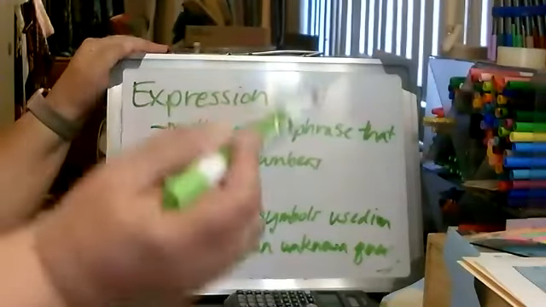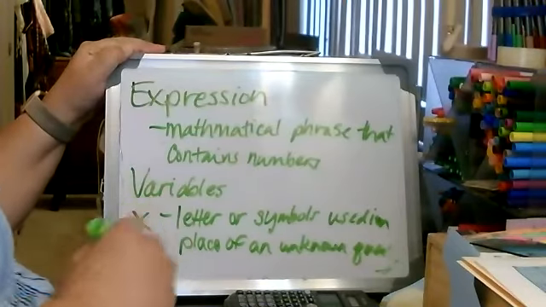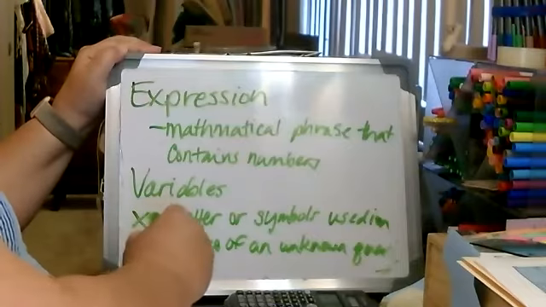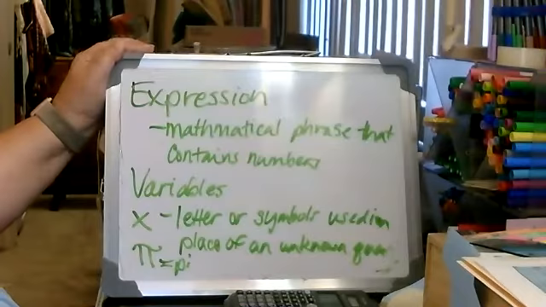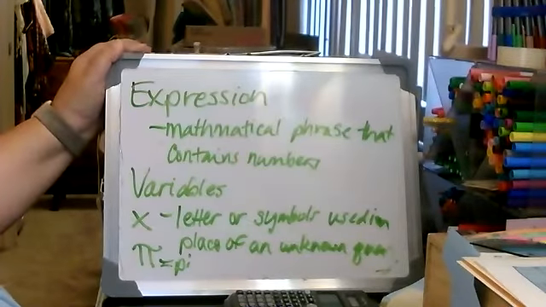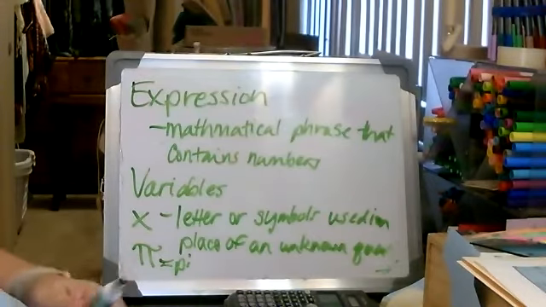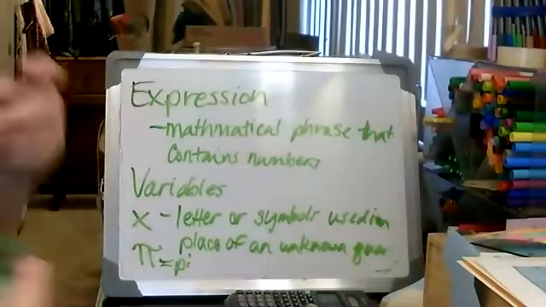One that you're going to be using a lot is pi. There are also several other Greek letters that you're going to be using that will help you to understand what it is that you're trying to figure out.